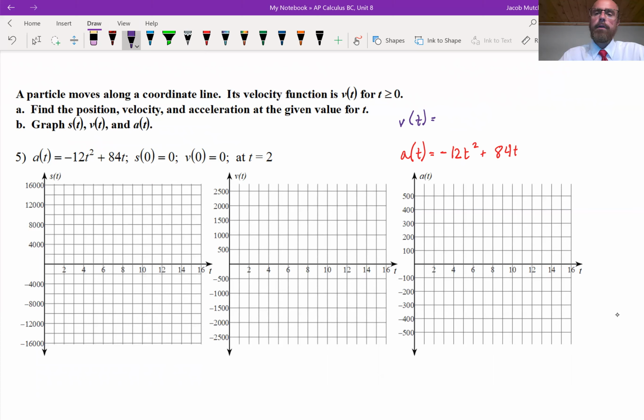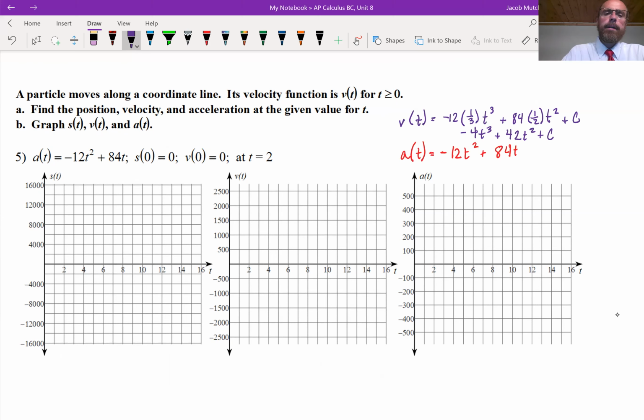So if I'm going to integrate the acceleration, it's going to be negative 12 times 1/3 t cubed plus 84 times half t squared plus c. I always have that constant.